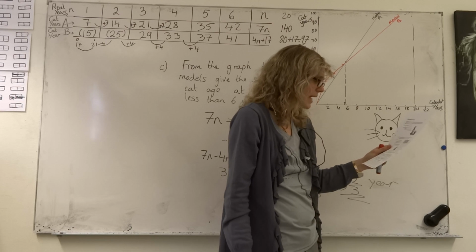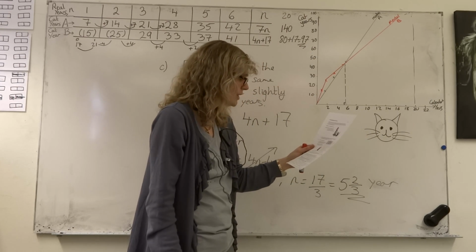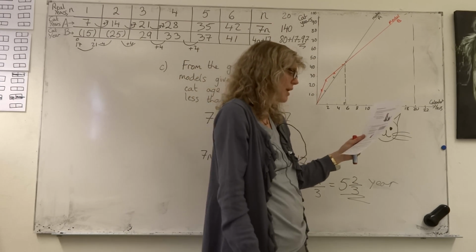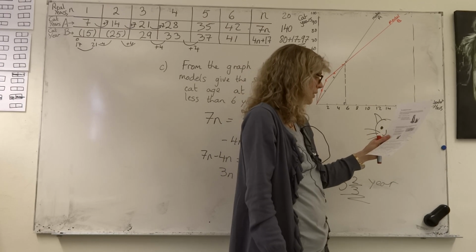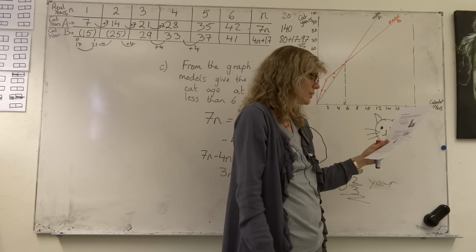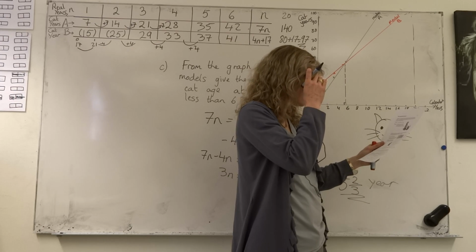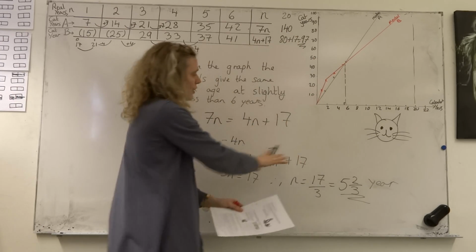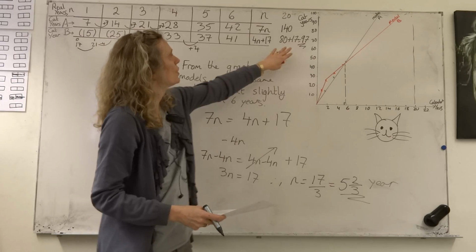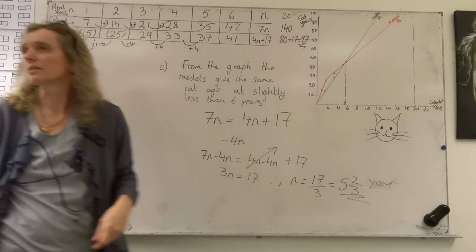Model B at 20 calendar years, that gives an equivalent age in human years of around 90. This is reasonable. Many adults in the Western world live to be 90 years. And then you could have proven it using your algebra skills there as well.